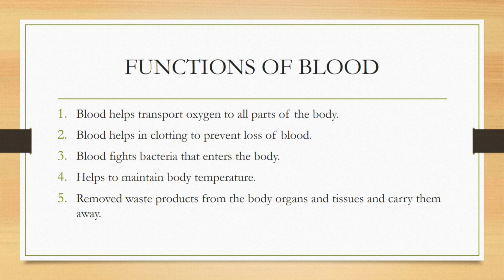We have the white blood cells, the red blood cells, plasma, and platelets. So when they tell you to list the functions of blood, you can mention the function of the white blood cells, the red blood cells, platelets as well as plasma. Why? Because all these components make up what? Blood.